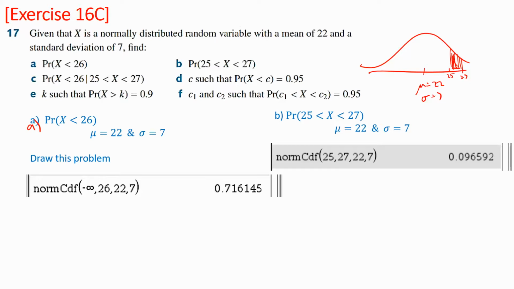Let's try D. D looks interesting. How would you do D? Look at D. So find C such that x is less than a particular number, so picture where the area is equal to 0.95. What are we trying to find?